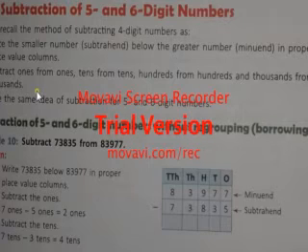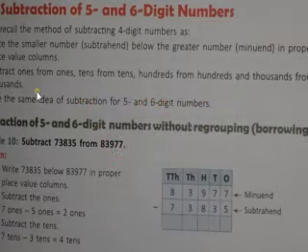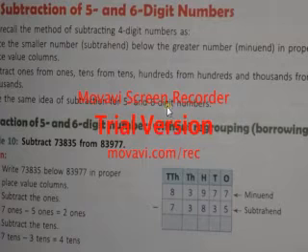So in subtraction also, if you do not keep the numbers in proper place value, it will become wrong. Now we use the same idea for the subtraction of 5 and 6 digit numbers also. According to the place value it should be. Ones will be subtracted from ones, tens from tens, and hundreds from hundreds.